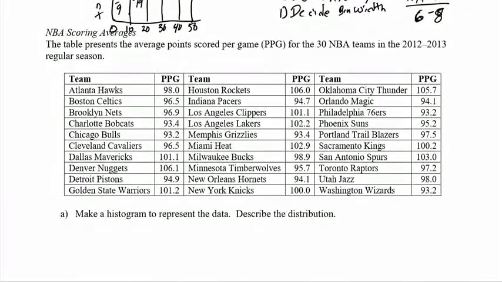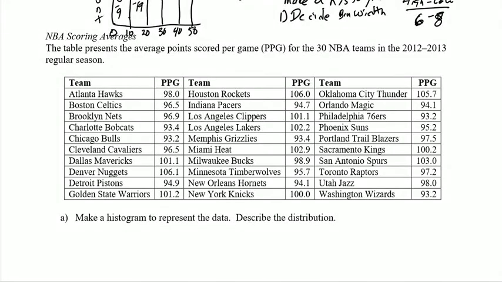So let's look at NBA scoring averages. The table presents average points scored per game for the 38 NBA teams in the 2012 and 2013 regular season. They would like us to make a histogram to represent the situation and then describe the distribution that we get. So first, as I said, we're going to look at the highest and the lowest. The highest I see is the Denver Nuggets.